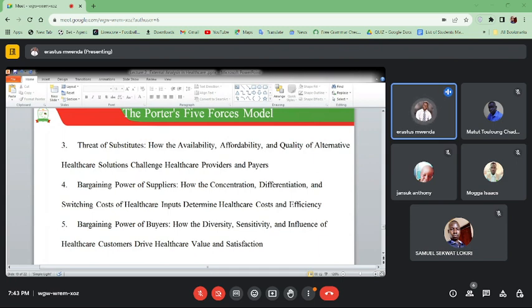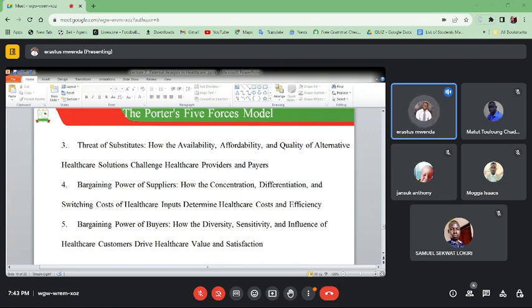I could be using a particular drug, and then a new healthcare organization comes on board. For me to switch from what I have been using to another kind of drug, it could be very, very expensive for me to do so. So I will prefer to stick to the company that provides me with particular drugs, or the healthcare organization that provides me with a particular health treatment.